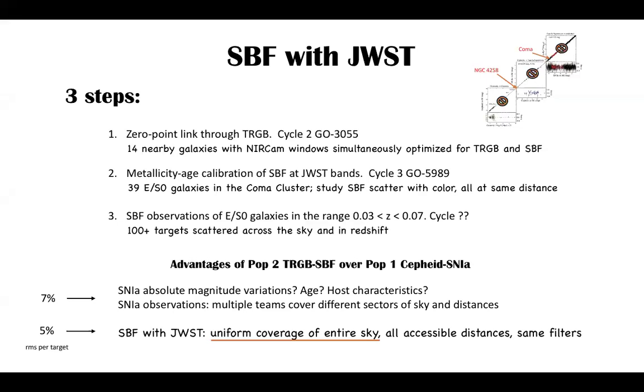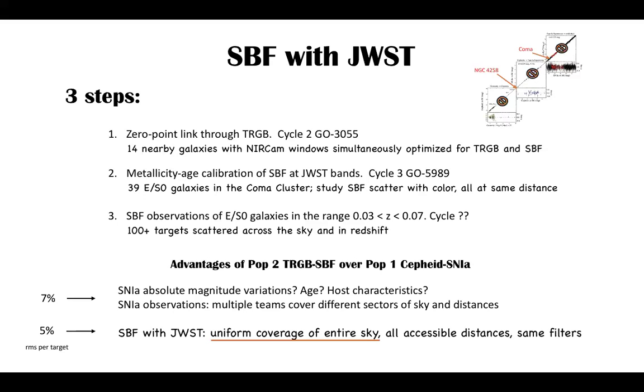If you have very detailed time and spectral information, maybe you could do a bit better than 7, but I haven't seen it yet in a general survey. But I think we can get 5% with JWST and surface brightness fluctuation.